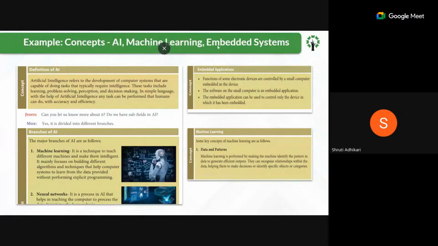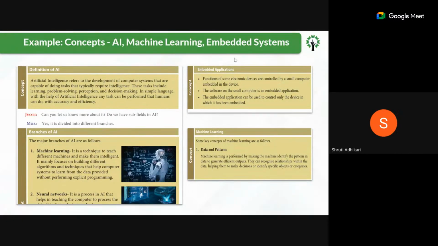Okay, now another concept mentioned in the slide. Previously we discussed the concept of client server coding, right? So in this slide, you can see concepts such as AI, machine learning, embedded systems. This is also something we are teaching the students in the computer science subject, right?